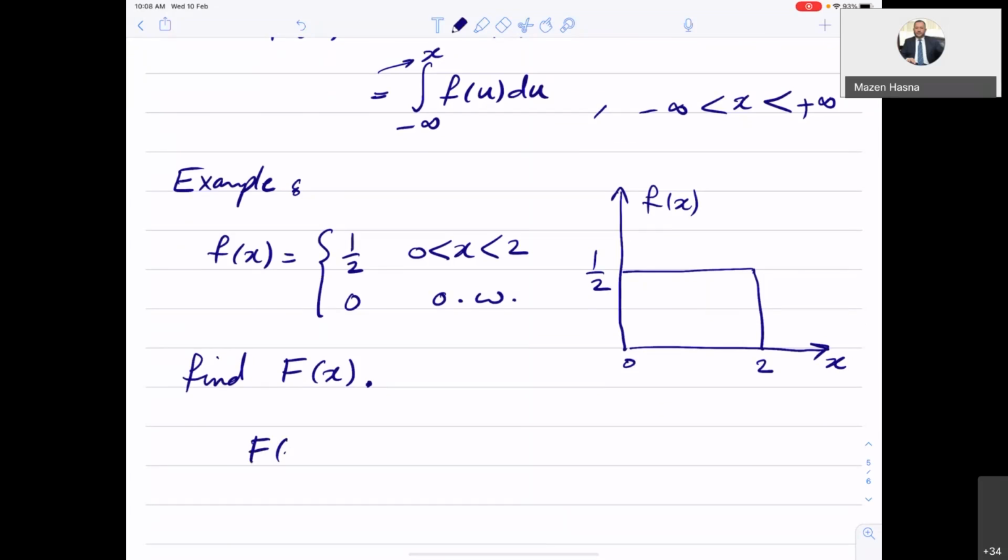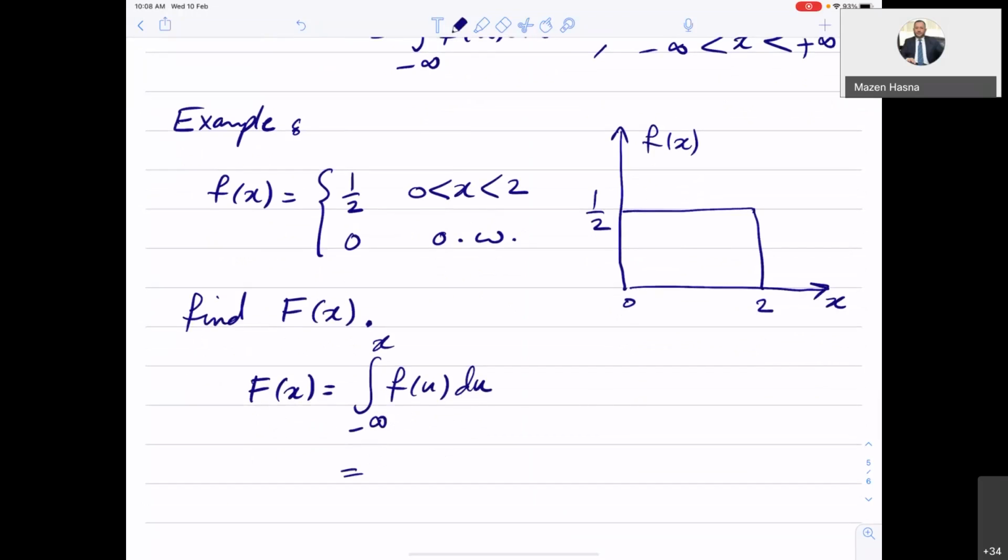So we know that capital F of x is defined as integration from minus infinity to x, f of u du, which, instead of minus infinity, we start at 0 to x. And what's my f of u? We know that's 1/2 du, which means do the integration. This is 1/2 u from 0 to x, which is what?